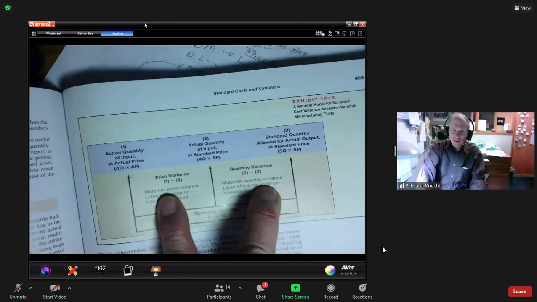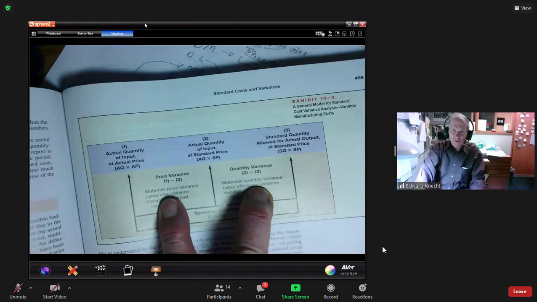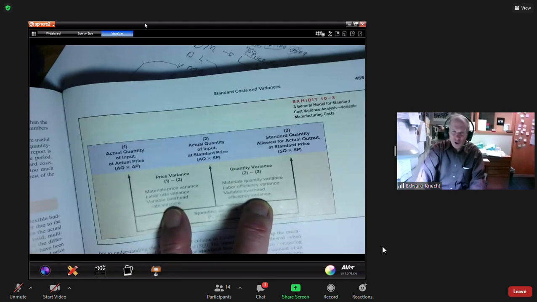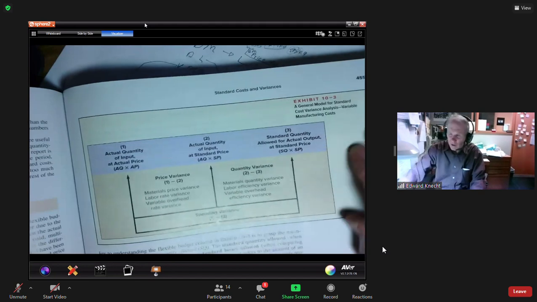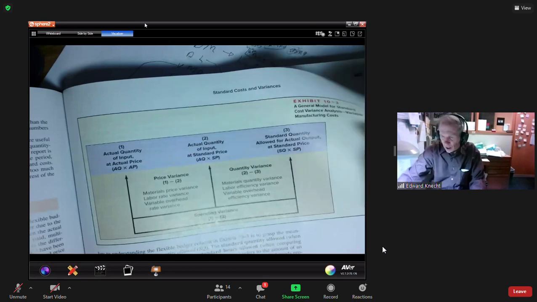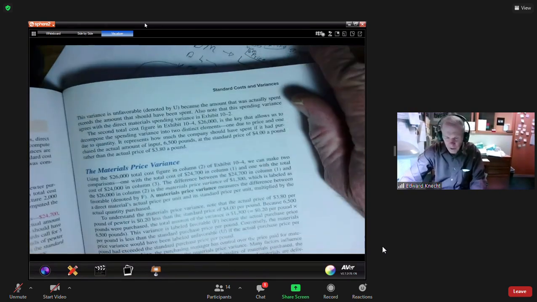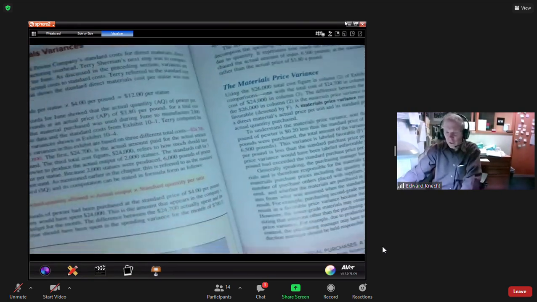And then they list the different variances: material price variance and material quantity variance, labor rate variance, labor efficiency variance, variable overhead rate variance, and variable overhead efficiency variance. And then that adds up to spending variance, what we did in chapter 9. Oh, yes. And then they give the individual model.